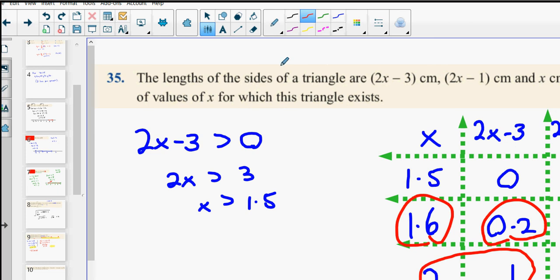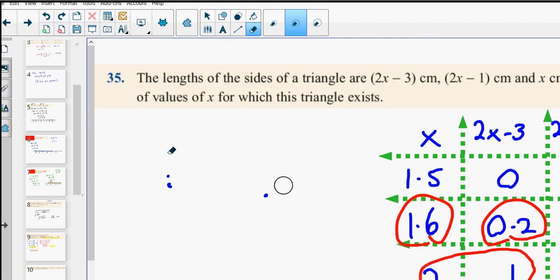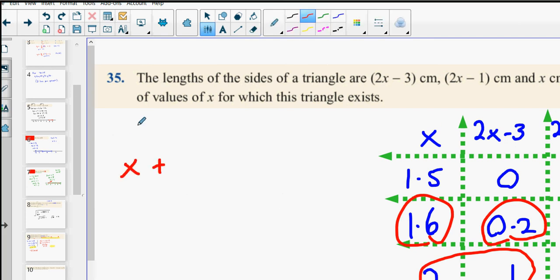So let's check that out. What did we say are the two smaller sides again? x and 2x minus 3, and they have to be bigger than 2x minus 1. The two smaller sides added together have to be bigger than the biggest side.